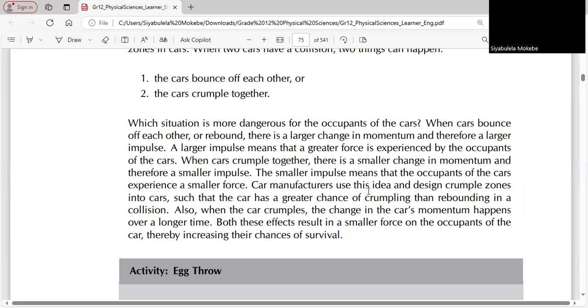Car manufacturers use this idea and design crumple zones into cars, such that the car has a greater chance of crumpling than rebounding in a collision. Also, when the car crumples, the change in the car's momentum happens over a longer time. Both these effects result in a smaller force on the occupants of the car, thereby increasing their chances of survival.